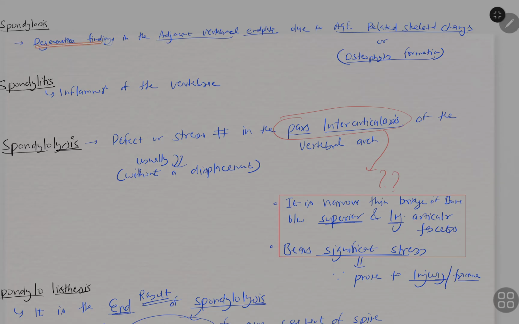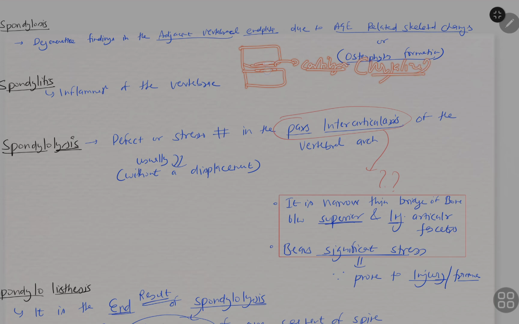It is a degenerative finding seen in the adjacent vertebral end plates because of age-related skeletal changes or osteophyte formation as a part of degenerative changes, repetitive wear and tear. You understand? This is your vertebra, and this is your vertebral end plate, which is cartilaginous in nature, made up of hyaline cartilage.